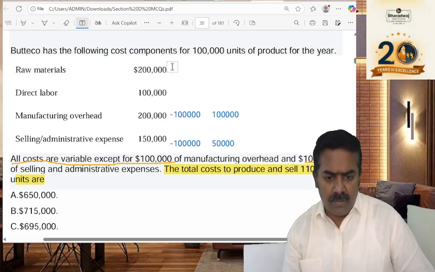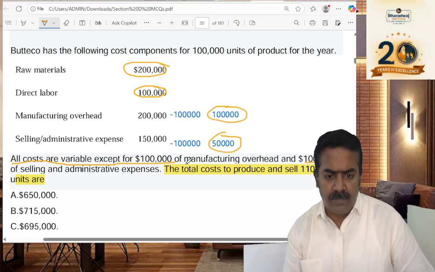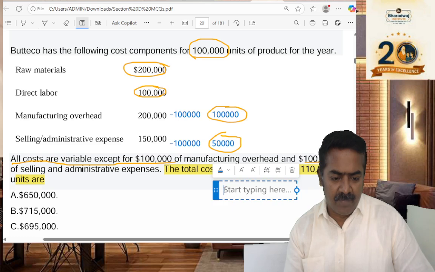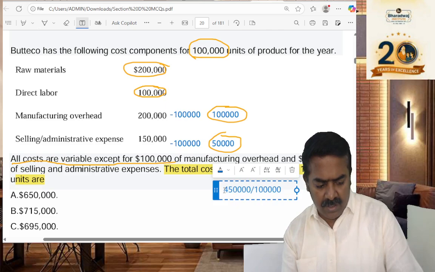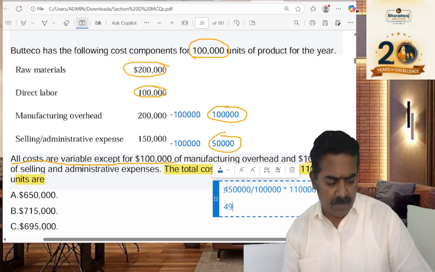So tell me, what is the variable overheads? 2 lakh plus 1 lakh plus 1 lakh plus 15,000. What is the total? Okay, so now let me work out. 2, 3 lakh, 4 lakh, 4 lakh 50. 4 lakh 95,000 more.